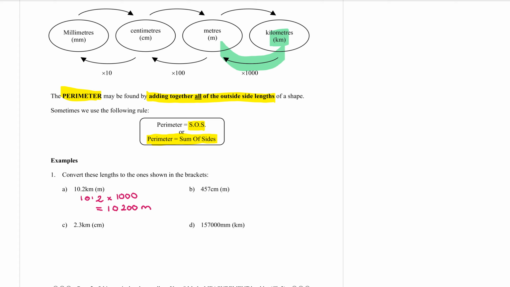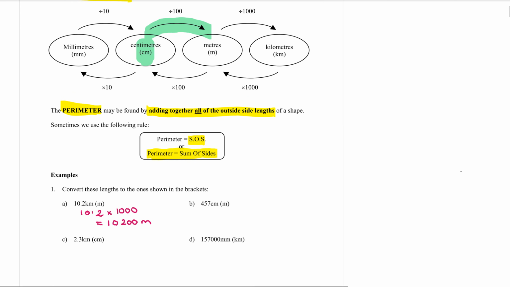Let's try the next one. For part B, we have 457 centimeters. This time we're starting at the centimeters circle here, and I'm changing it into meters. So follow the arrow that goes towards the meters, which means I need to divide by 100.